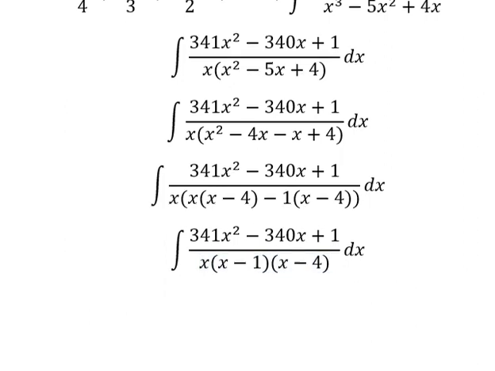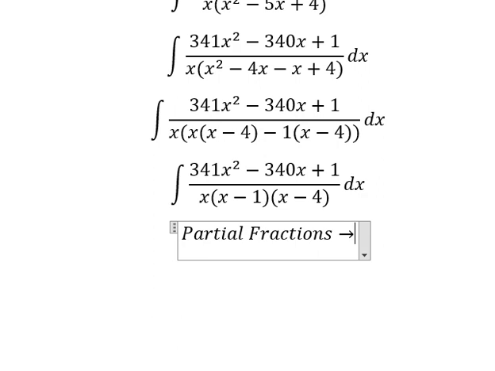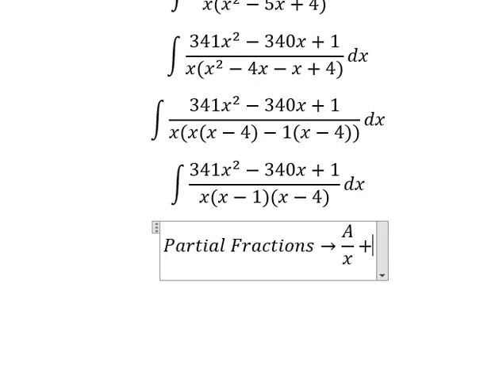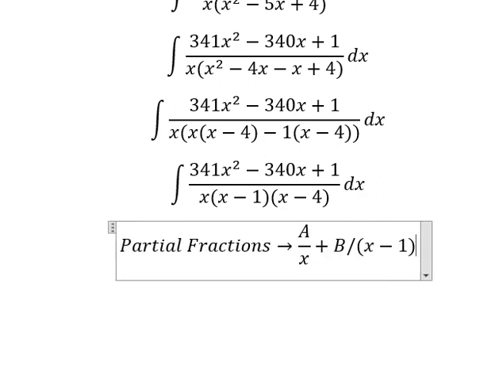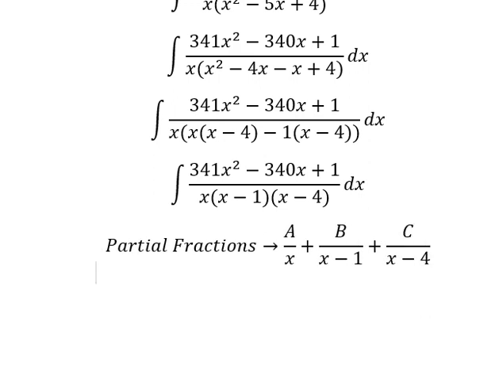And now we can use partial fractions. So I will put A over s, B over s minus 1, C over s minus number 4. And now we can do common denominator.